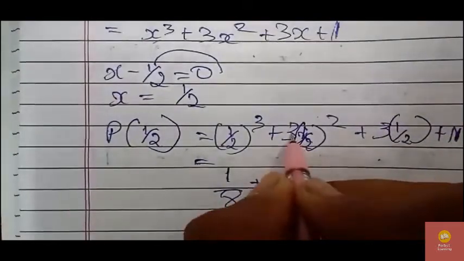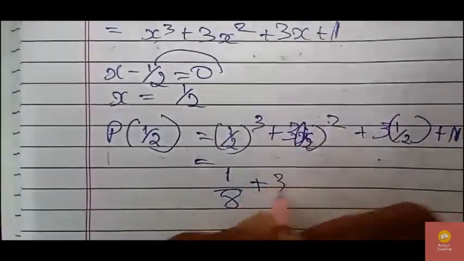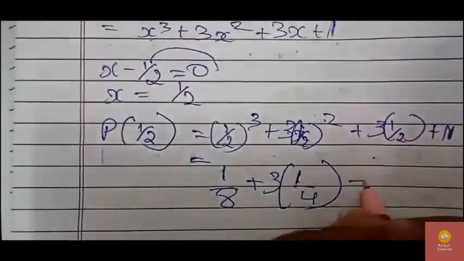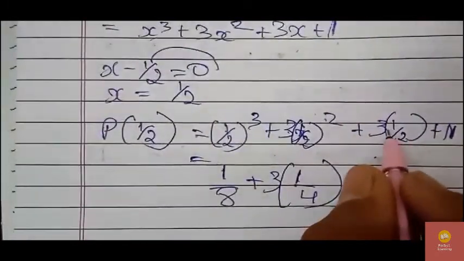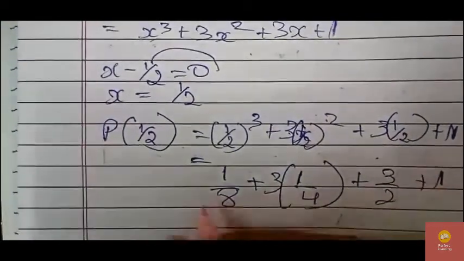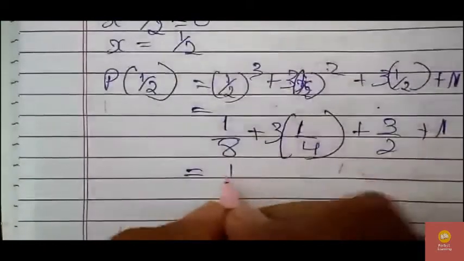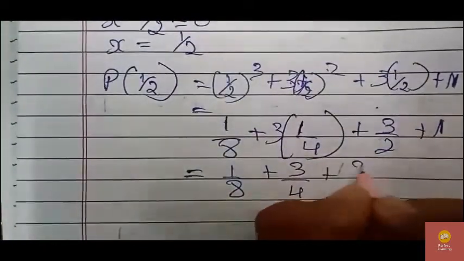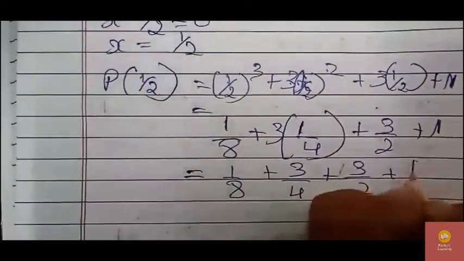And 1 square is 1 and 2 square is 4. Next step is 3 into 1 by 2, that is 3 by 2, plus 1. The next step: 1 by 8 plus 3 by 4 plus 3 by 2 plus 1.